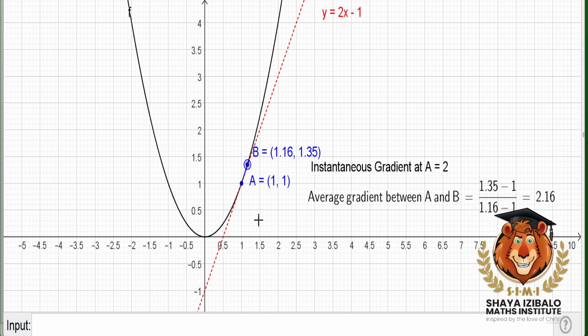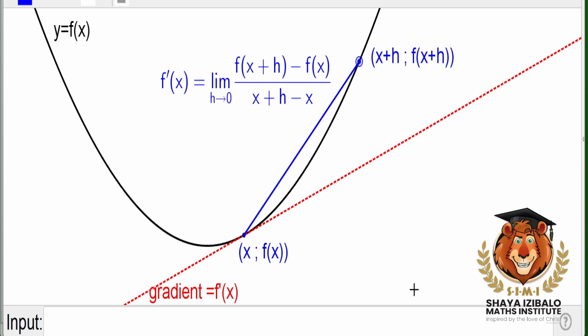differentiation by first principles. Next up, let's look at this sketch, which is a more general version. We're not dealing with specific numbers, but we've got a point over here, x, f of x. We've got a point a little bit further away, x plus h, f of x plus h. We are interested in finding the instantaneous gradient at x, and that is represented by this dashed red tangent line, and that's f dashed of x.